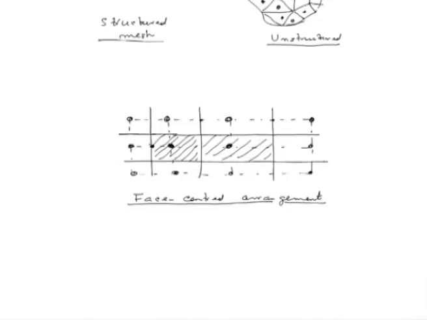Derivatives can be obtained at the cell faces with greater accuracy in the case of our face centered approach, because now we have two computational nodes, and this face center is midway between the two. So we can use a very accurate central difference approximation for evaluation of the derivative at this face center.